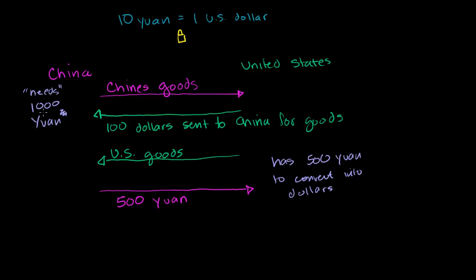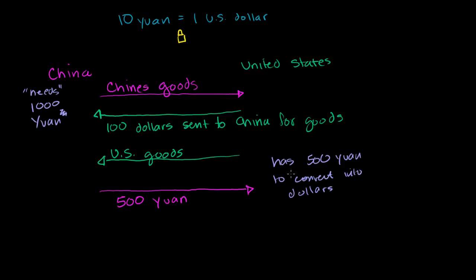The demand for yuan is much higher than the supply for yuan. And we could do the exact same argument with the dollar, that the demand for dollars is much lower than the supply for dollars. At this exchange rate, if we assumed a peg, there would only be $50 that we need to convert, while there's $100 of actual supply. But let's just focus on the yuan. They need 1,000 yuan at this exchange rate, and there's only 500 yuan that can be converted into dollars.